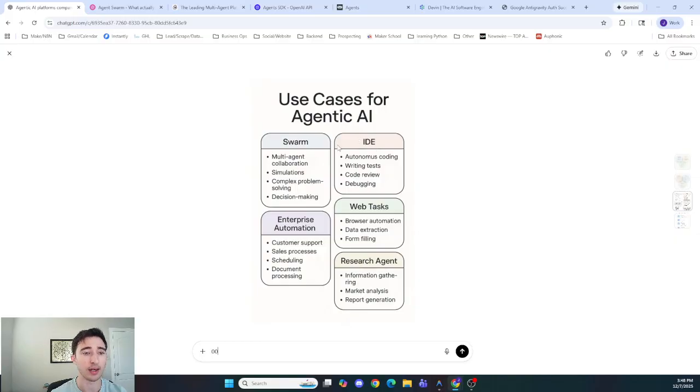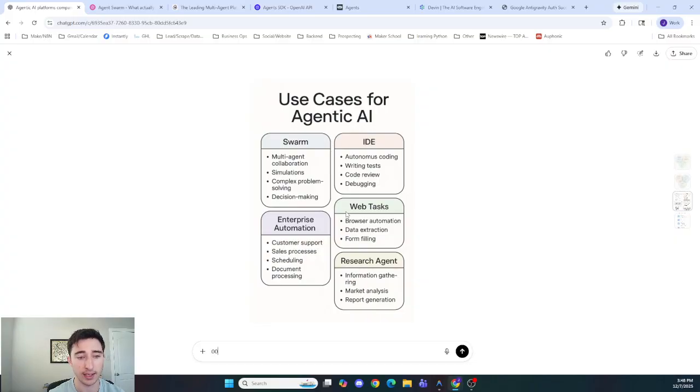And maybe a combination of these two, where you're combining a swarm with IDE to make one autonomous agent that's going to be able to complete every task simultaneously, and learn from its mistakes all at the same time. I think that's where it's really going to be at.